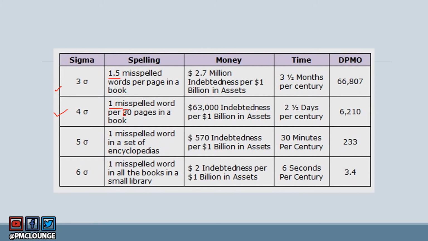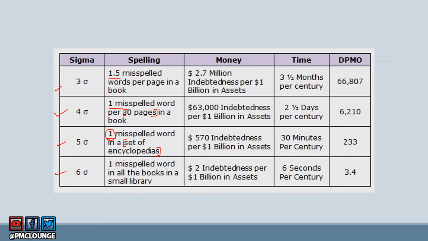So you see how the quality has just increased. 5 sigma is one misspelled word in a set of encyclopedias. So there's a set of encyclopedia and there's only one misspelled word in it. That means the quality that has been achieved is 5 sigma.